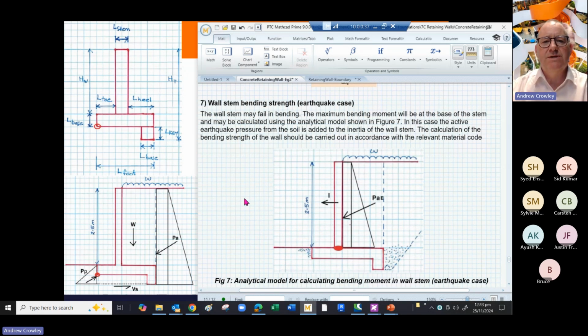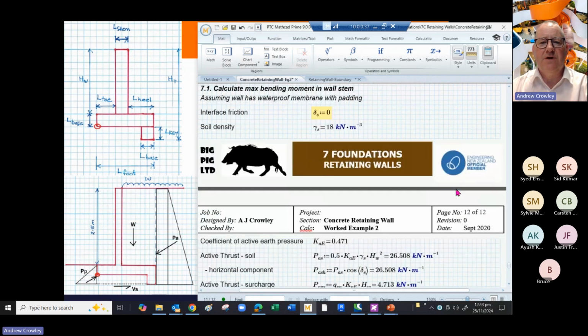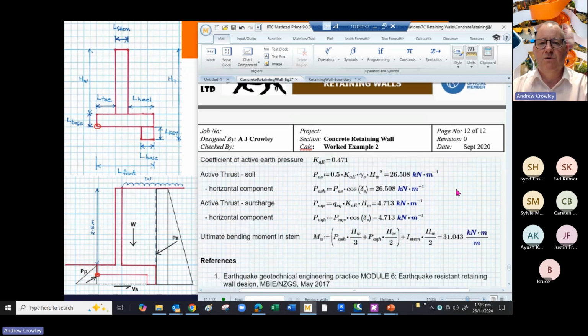Looking at the wall stem bending strength, this is again the bottom of the wall, and it's about the structural failure of the wall. You're looking at the earthquake case. We take the interface friction as 0. We work out the coefficient of active earth pressure that we worked out before, and bring that down.